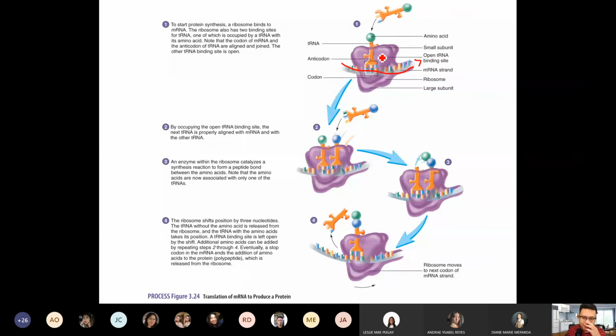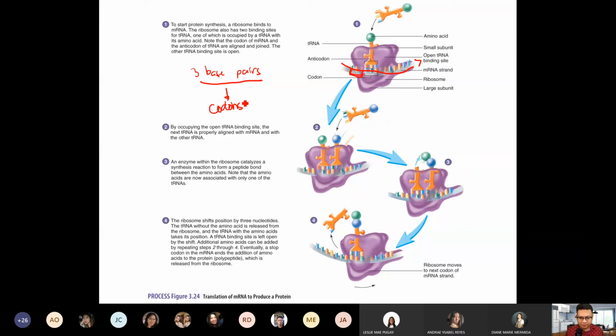Sa video later na makikita nyo, naglalakad to. Okay? It actually reads 3 base pairs at a time. These 3 base pairs are called codons.